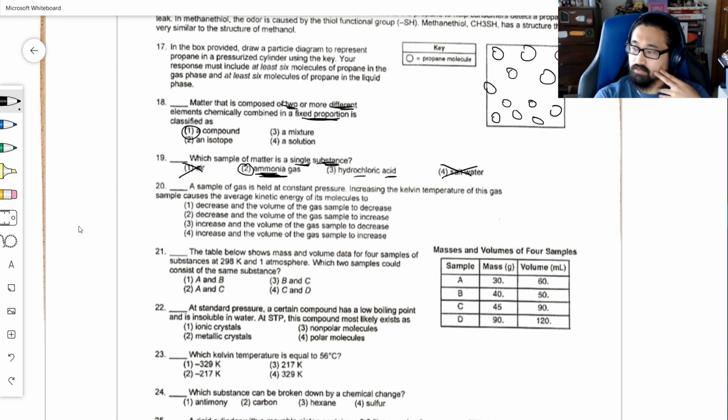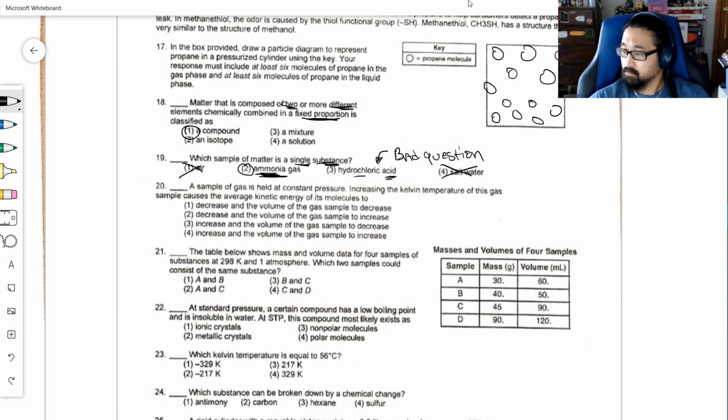Hydrochloric acid, the implication behind an acid is that it is dissolved in water. So it's water and the acid. Looking back, this is a bad question. And it's bad because we haven't talked a lot about this situation. So if you struggled with question 19, that's a me problem, not a you problem.